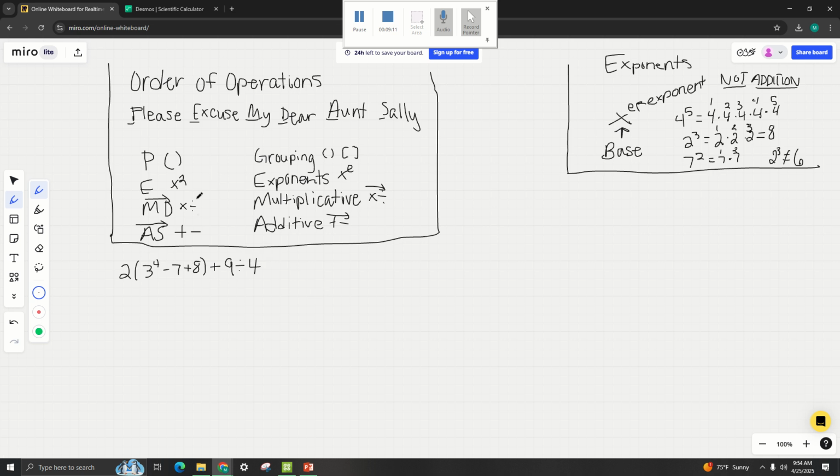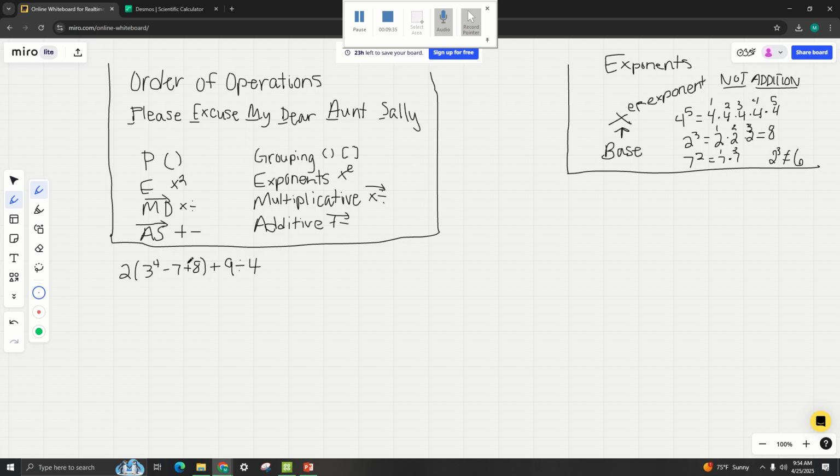I have parentheses in here, I've got an exponent, there's multiplication and division, and there is addition and subtraction in here. Okay, so the thing with the order of operations that I kind of dislike, makes it maybe a little bit difficult to teach and for people to understand, is that inside of the parentheses, the order of operations kind of starts over.